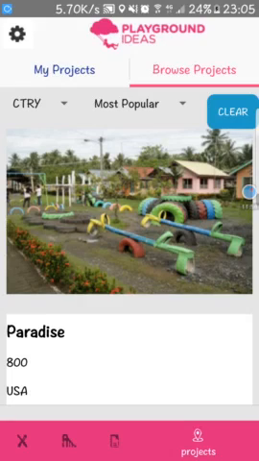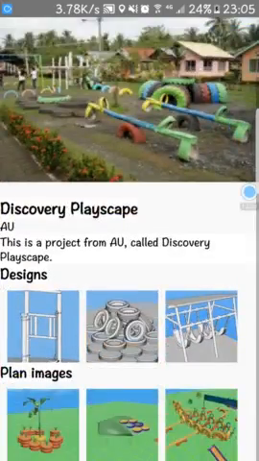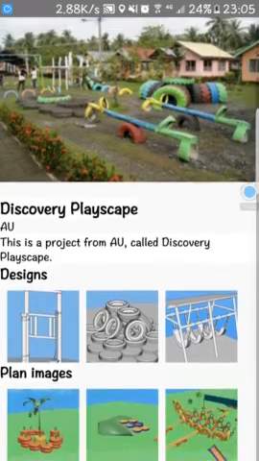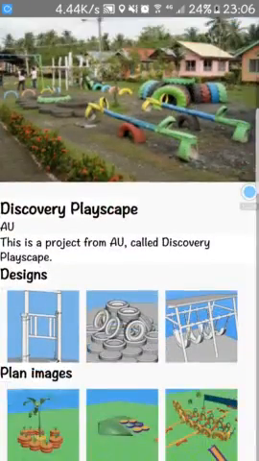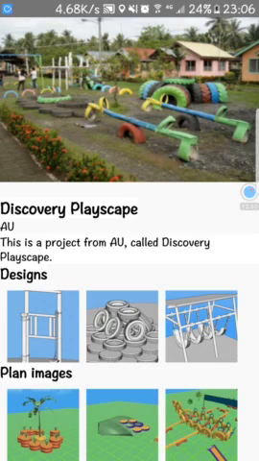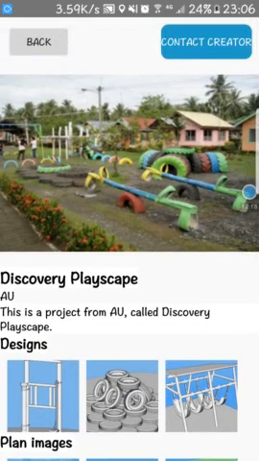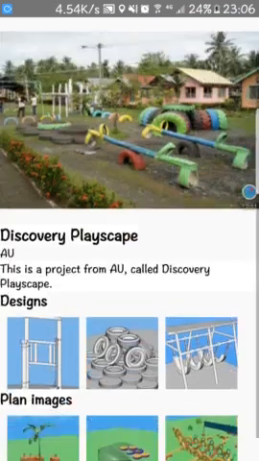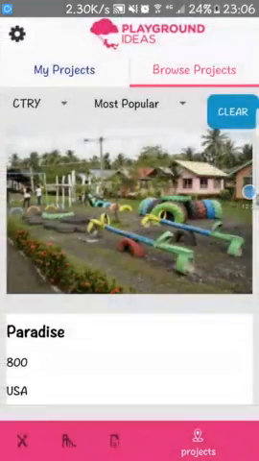Okay, if you want to read the details of the project, we just click the image, and here we can see the details of the project: the image, the design part, the plan images, and the descriptions. And also you can contact the creator by clicking this button. Okay, let's just go back.